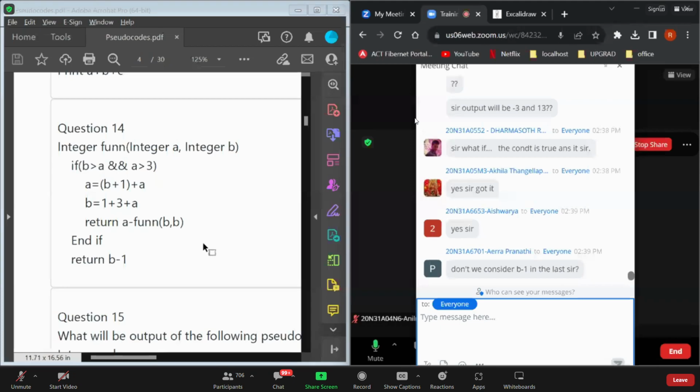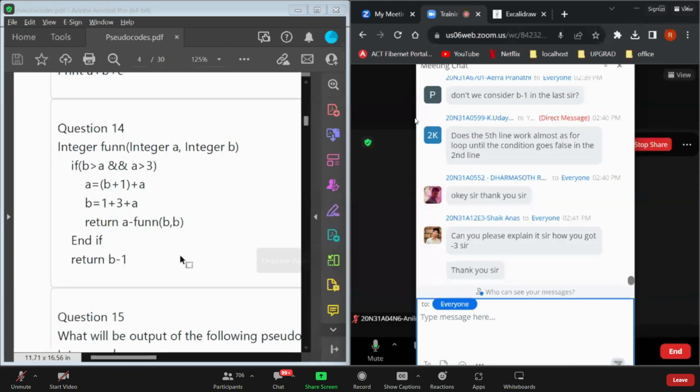I guess pseudocodes will be around 18 questions. Out of 18, you will get 4 to 5 questions based on recursions. The majority will be on bitwise operators.